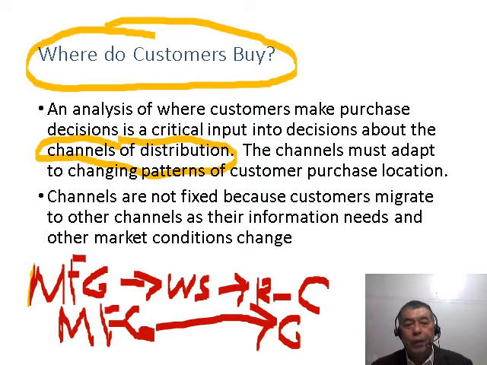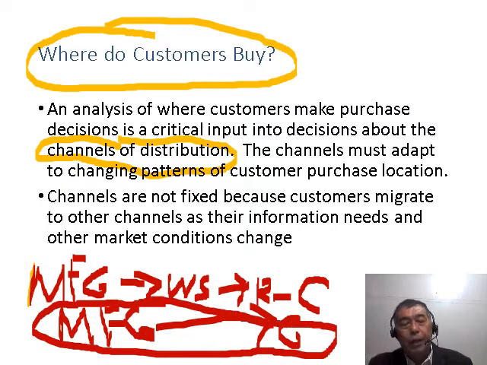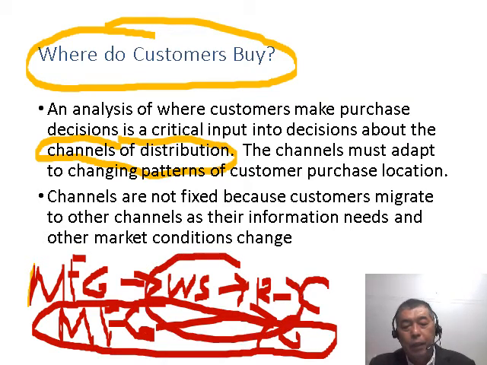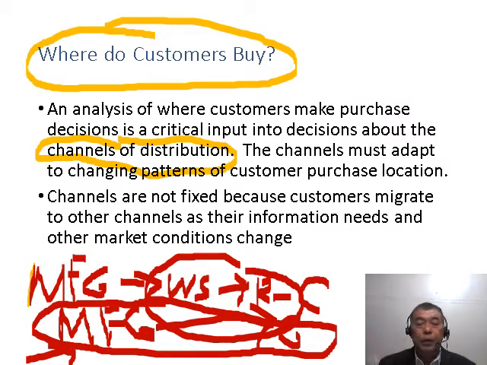The channels are not fixed because customers migrate to other channels as their information needs and other market conditions change. So, Dell computer: when Michael Dell was just 17 years old, he eliminated the use of intermediaries and used a direct distribution channel, which gave their company a competitive advantage because they could reduce the price per unit of their product.